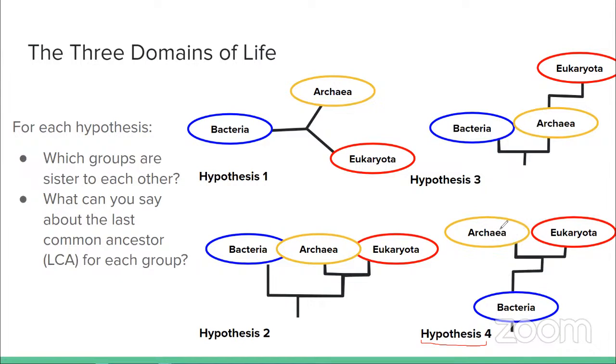So the last common ancestor of archaea and eukaryote would be here, right? So yeah, that would say this last common ancestor of archaea and eukaryote essentially was a bacterium, right? You can see bacteria is just like on that line. So this is saying that bacteria were first, and then a bacterium split into these two groups. So we have mutations developing, changing, and then these two groups branching off. So this would also imply that really we kind of start with bacteria here.